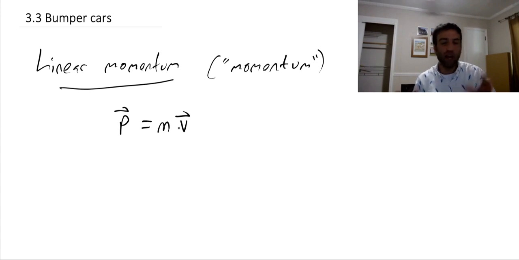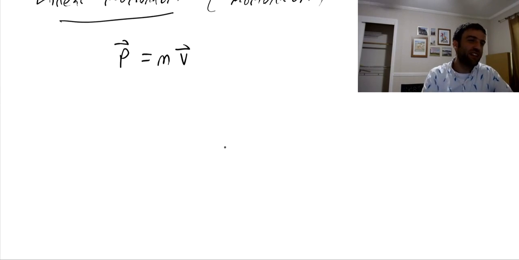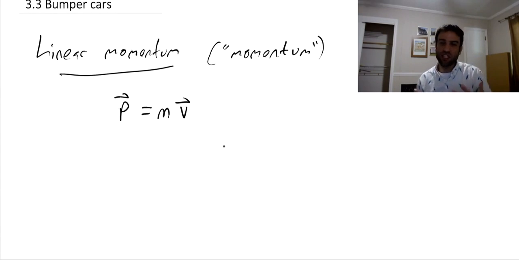So that combination has all of the features that we just intuitively talked about. More massive things have more momentum, faster moving things have more momentum, and the direction of momentum is in the direction of velocity. So when I say that momentum is conserved, that means, like energy, it's something that you can't create or destroy. You can only transfer it back and forth between different things.